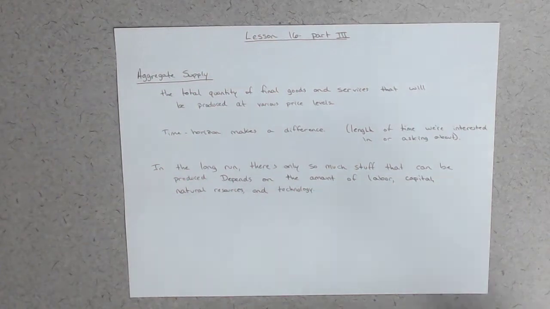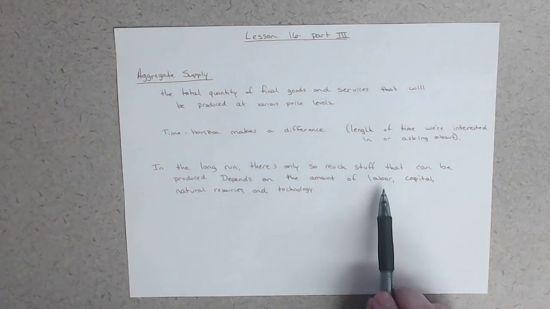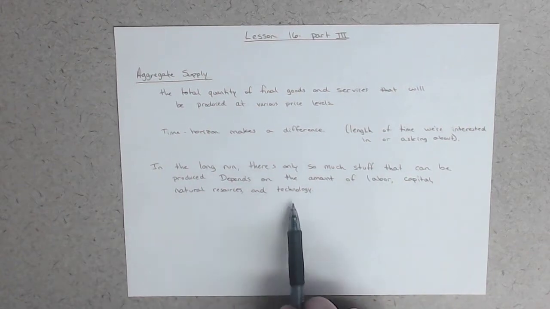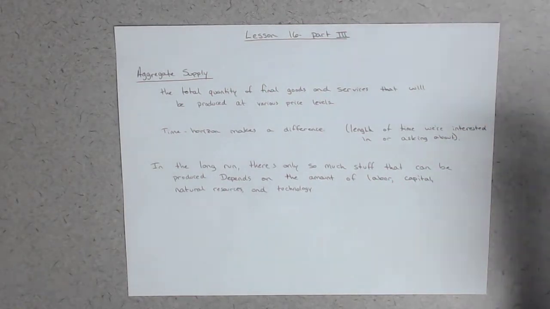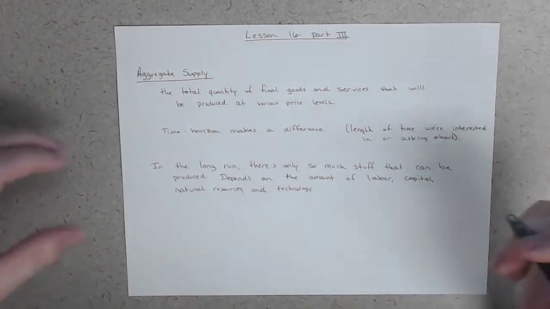In the long run, what we are capable of producing is a function of labor, capital, natural resources, and technology. It doesn't matter what the prices are. This is talking about how much stuff we can possibly produce.